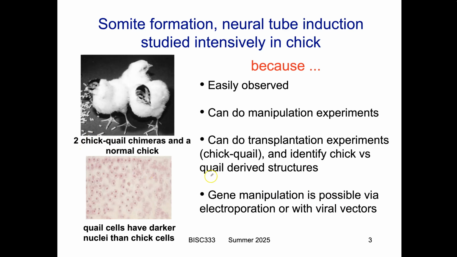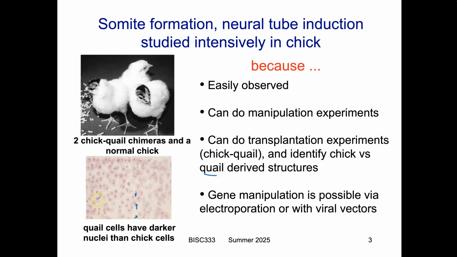The reason why this is so useful is that the cells look different. When you're looking at the embryonic tissue, the ones with the darker nuclei and bigger nuclei are the quail cells, and the chick cells are the ones with the paler nuclei. It's almost like doing a cell marking experiment, except that this is a natural marker, so it doesn't dilute away as the cells divide.